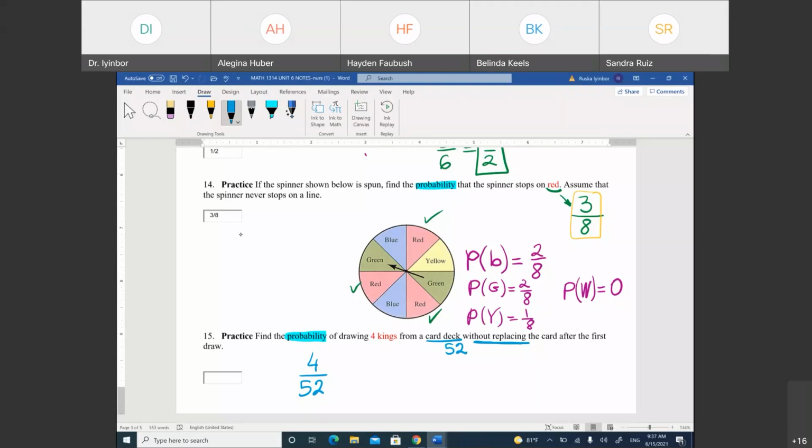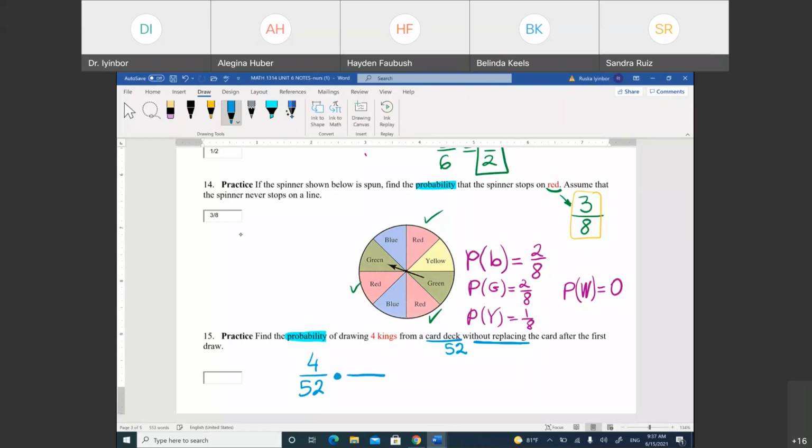back. So what happened? The probability to draw the first king, to take the first king out, is what? There are 4 kings out of 52 cards, right? Then one king is out, so you're going to multiply by the probability to draw the second king.